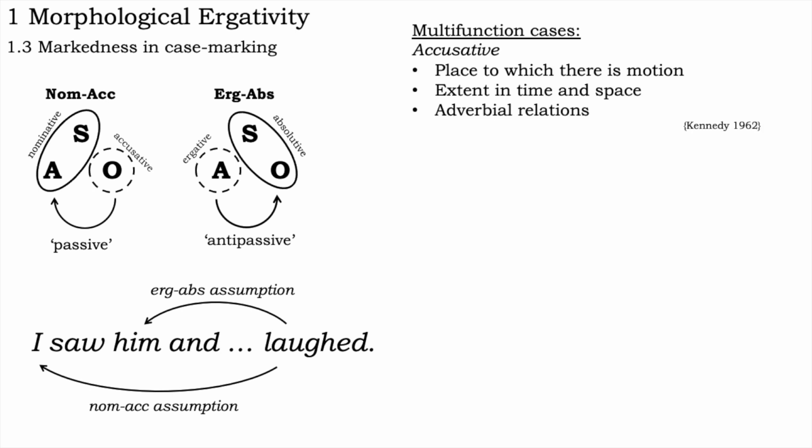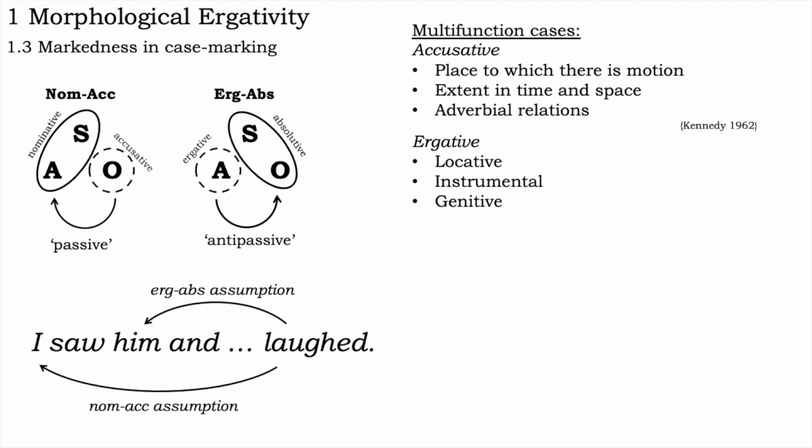For instance, the Latin accusative case also covers place to which there is motion, extent in time and space, and certain adverbial relations. Similarly, the ergative also often covers locative, instrumental, genitive, or other meanings, although there are some languages, such as Basque, which do have a quote-unquote pure ergative case. Now this isn't to say that these other functions will always appear, just that they often do.